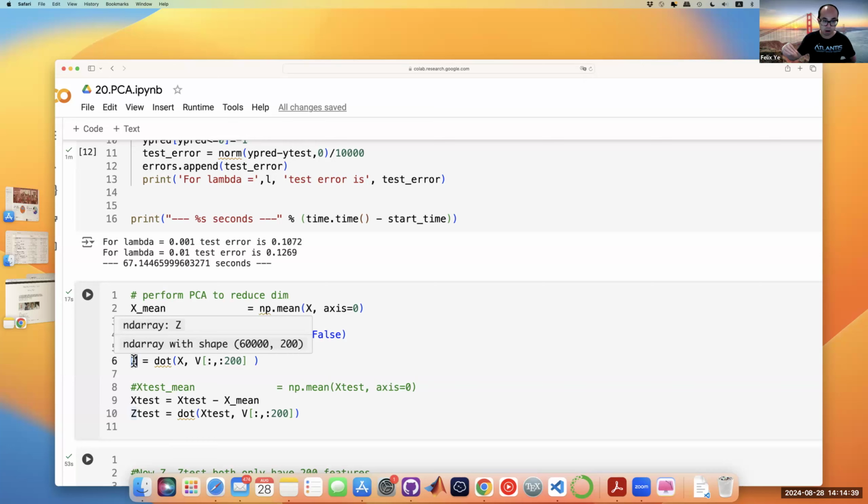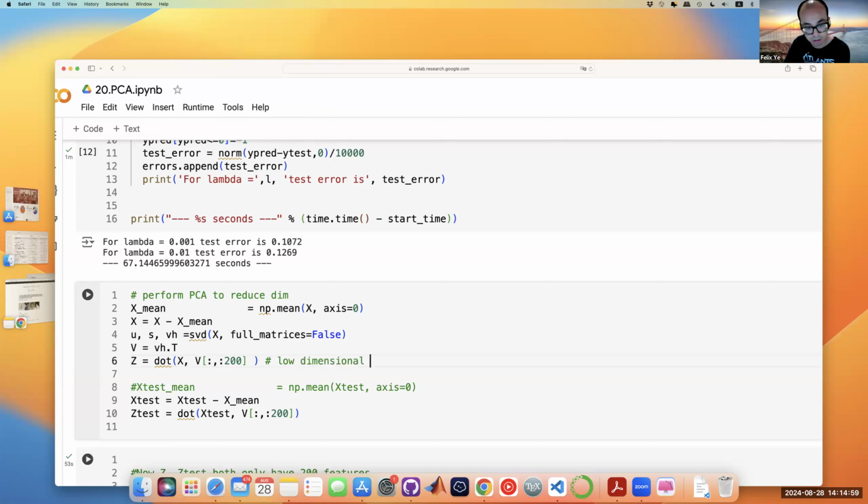That means each row, say Z1, corresponds to a low dimensional representation of X1, right? Okay, so this is the low dimensional representation of X.